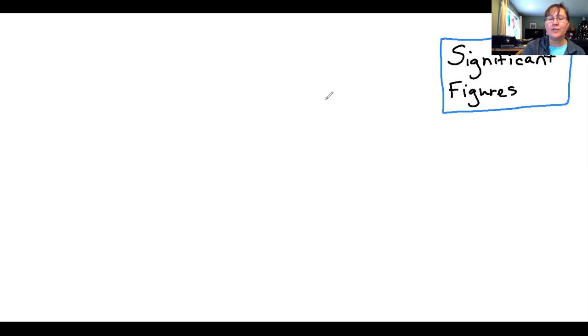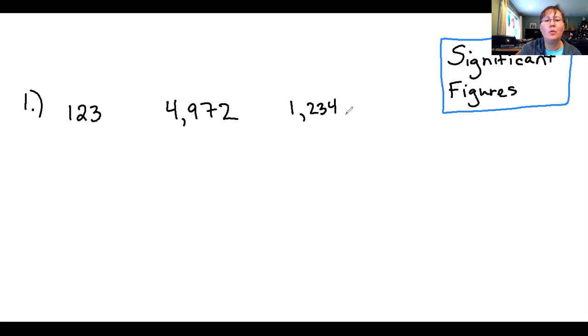First of all, let's take a look at our significant figures rules. Okay. All non-zero integers count. So what that means is that if I have 123 or 4,972 or 1, 2, 3, 4, 5, 6, 7, 8, 9, 3, all of these digits count, okay?